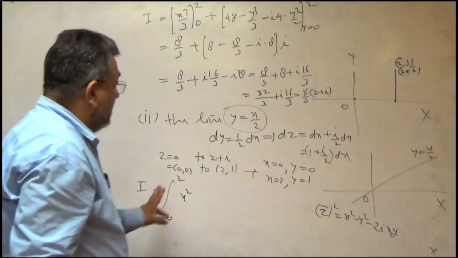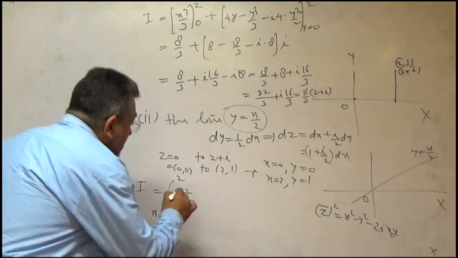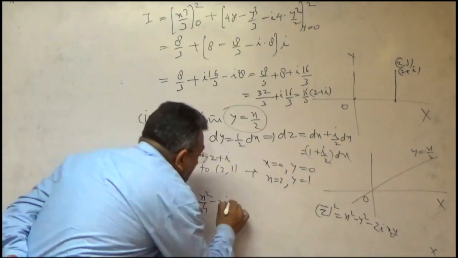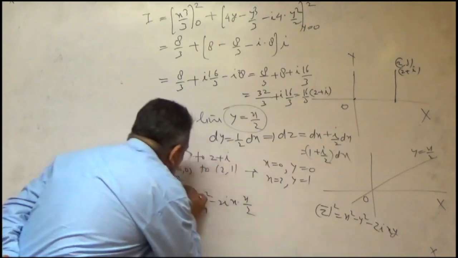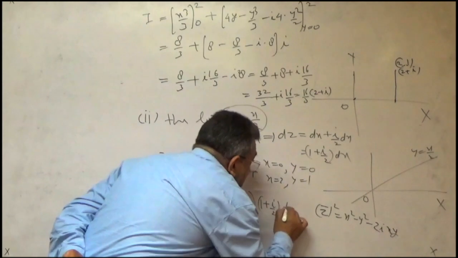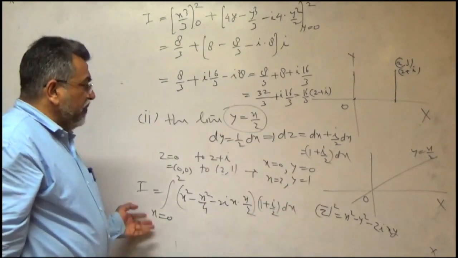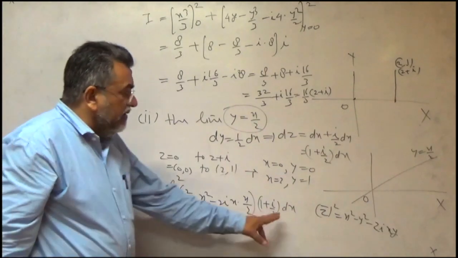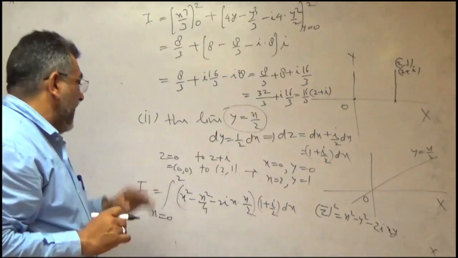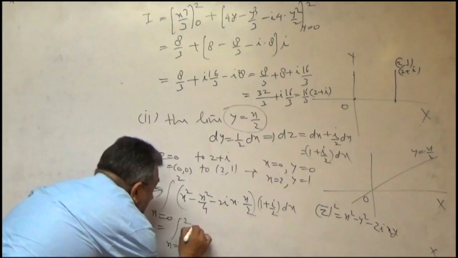Then on this, y equal to x by 2, so x square minus y square means x square minus x square by 4, minus 2i times x, y means x by 2. And dz means 1 plus i by 2 dx. Then here we are transferring the entire integral with respect to x, so here we are taking the limit of x, x equal to 0 to 2.